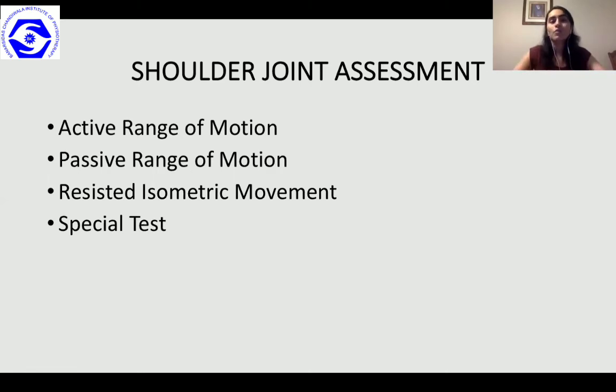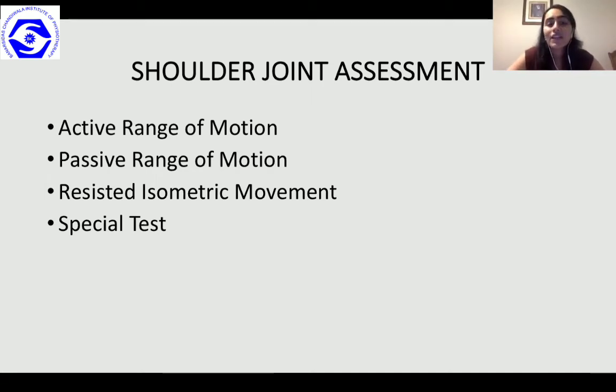So let's assume that in this case the patient is having pain in the shoulder abduction. So we'll do the passive range of motion again for all the movements, and we'll see when it is painful. The patient will most probably be having pain in passive range of motion again, of abduction, as we are assuming that in this case there is a supraspinatus strain or there is an impingement.